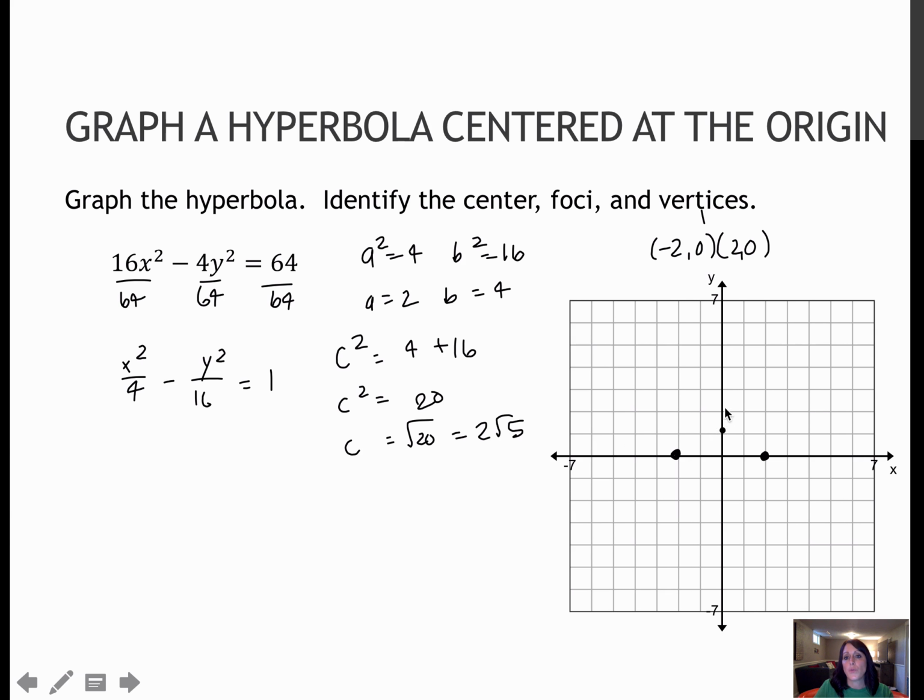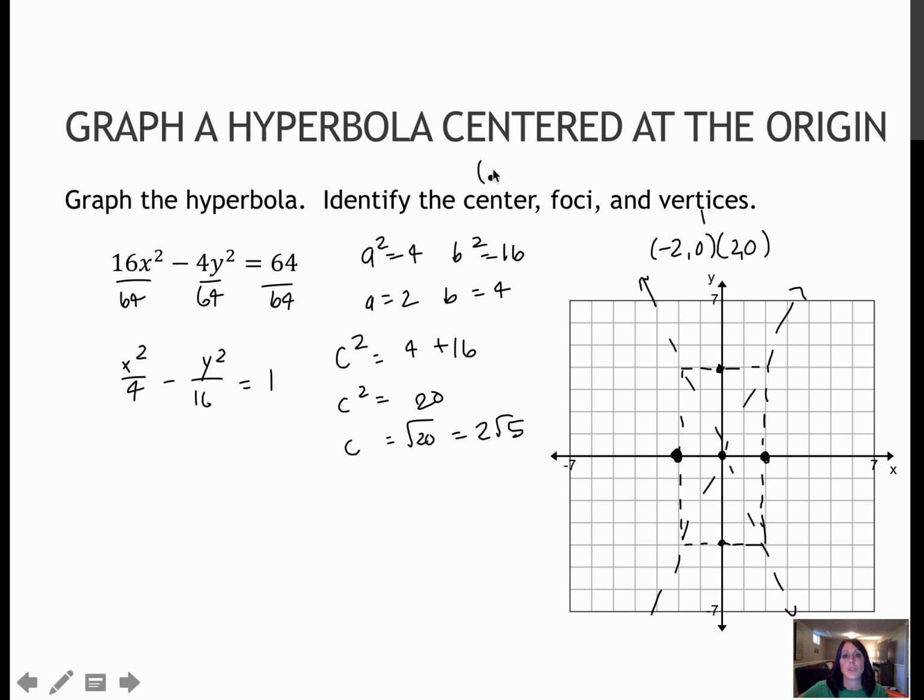I'm going to go ahead and go 4 in each direction to help me to draw in the box. And then I'm going to go through the center and the corners to draw in my asymptotes. So I've got vertices here and here. Remember, that means that my hyperbola will actually touch at that point.